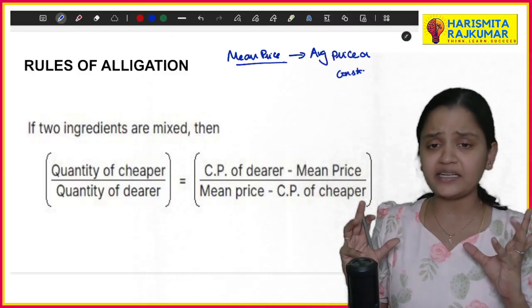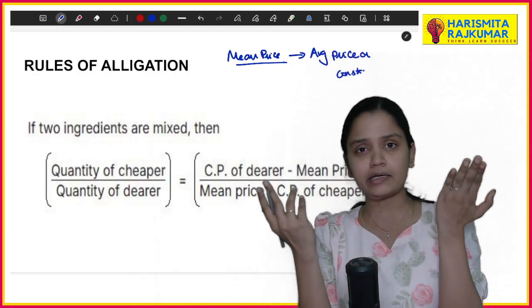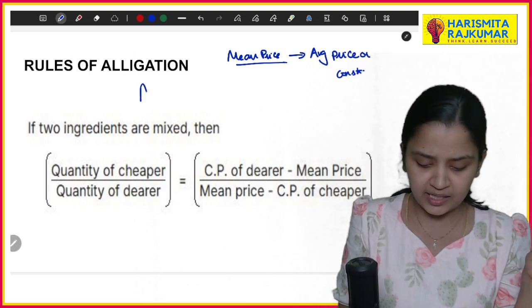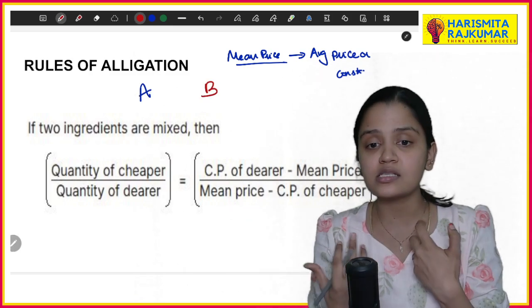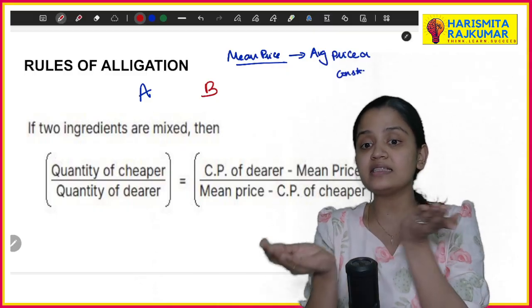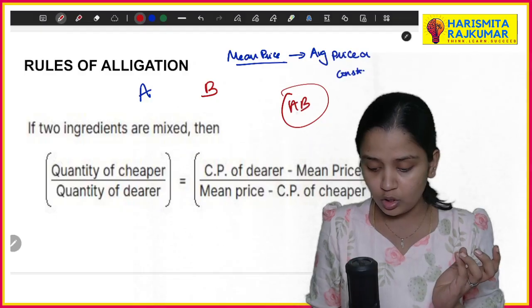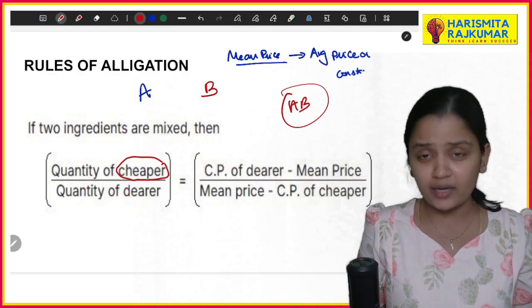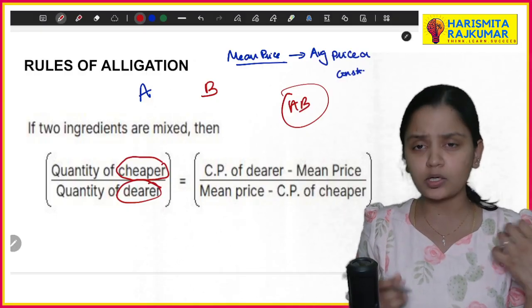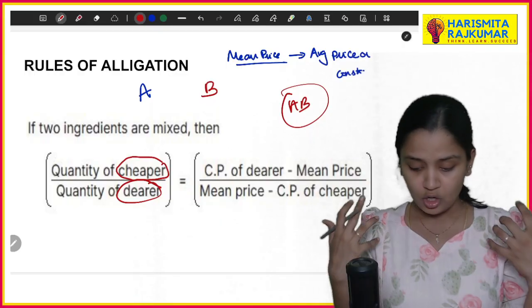Cheaper means you have 2 ingredients, an A ingredient and a B ingredient, mixed inside a bowl or cup. Cheaper is the quantity which is cheaper. Dearer is the quantity which is costlier.